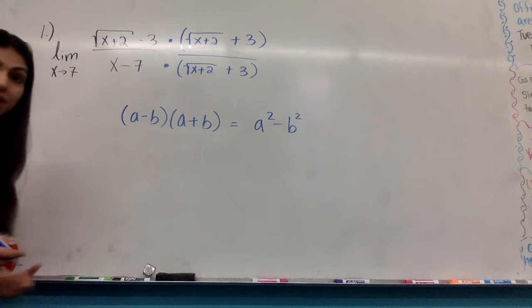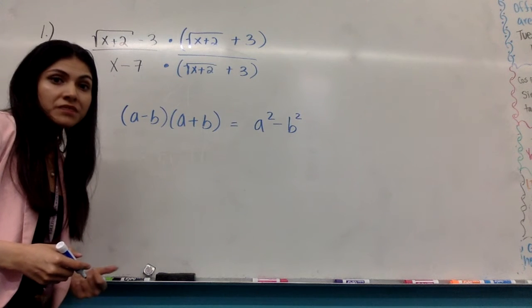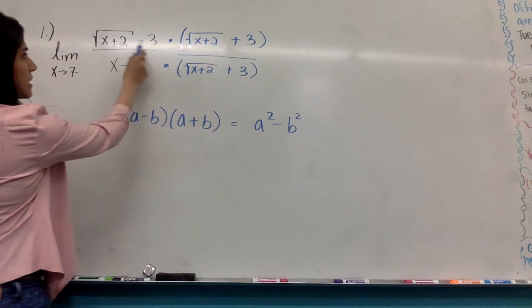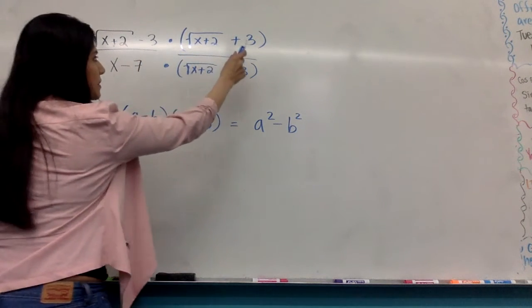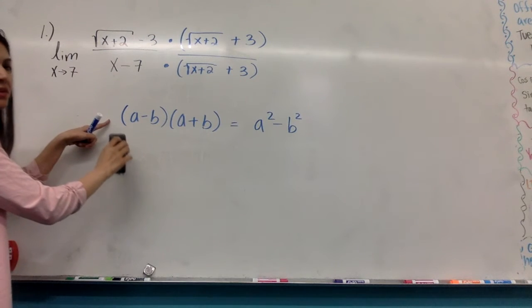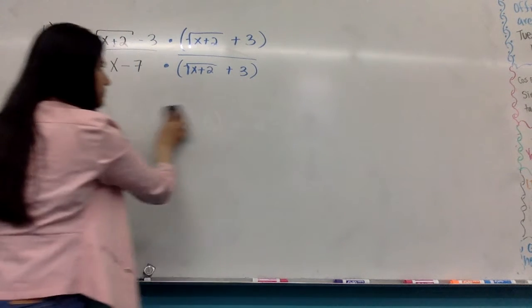That's why multiplying by the conjugate is going to simplify our answer and make things nice and easy. So we're going to be using that. This is my a, this is my b. So we're using this property right here. We talked about this in the first semester.